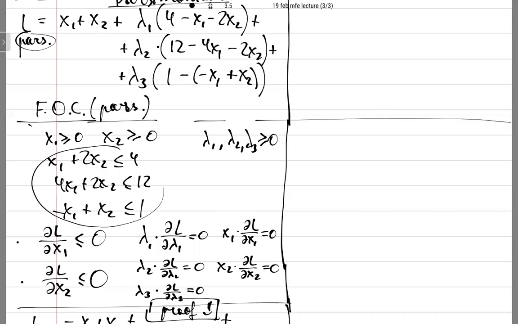And the original inequalities can be written like this: dL with respect to d lambda 1 is non-negative, dL with respect to d lambda 2 is non-negative, and dL with respect to d lambda 3 is non-negative.